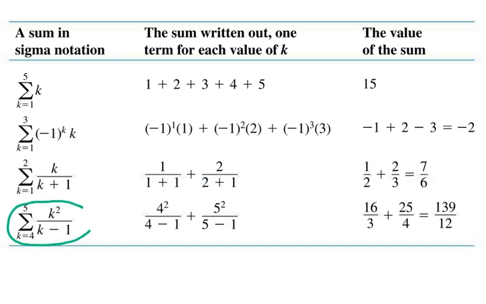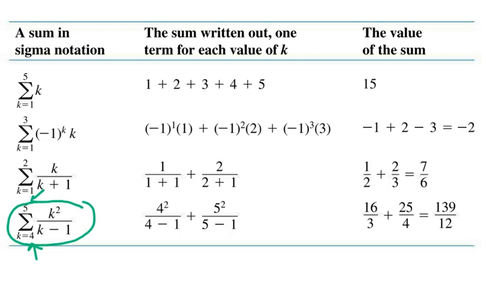And my last summation or series here, I want you to notice that we're starting at k equals 4 and going to 5. And that's, again, only going to give us two terms, 4 and 5. I like showing you this one because I want you to notice the index doesn't always start at 1.